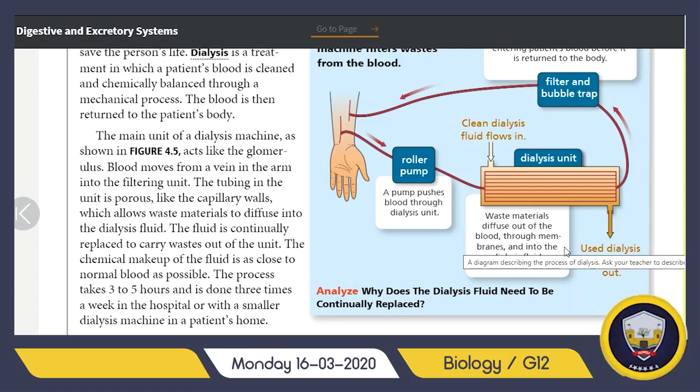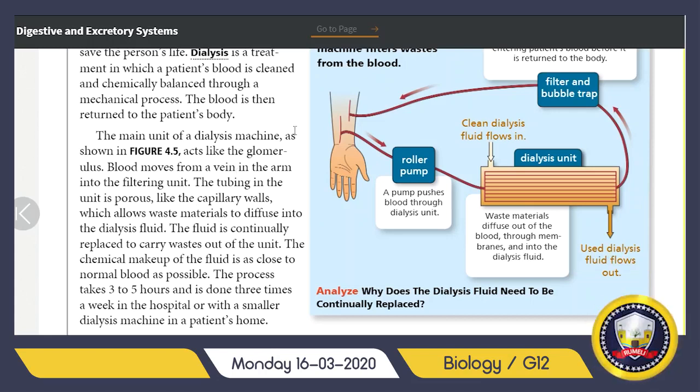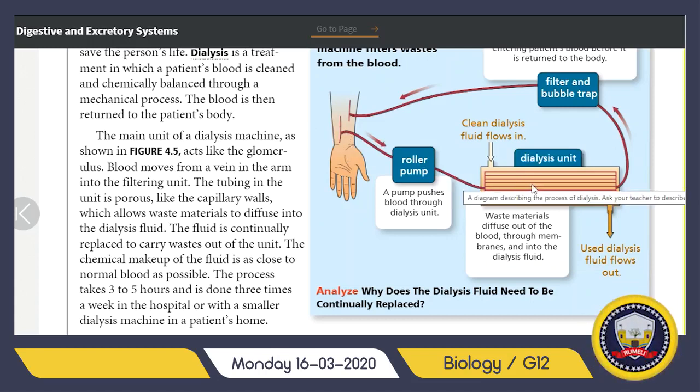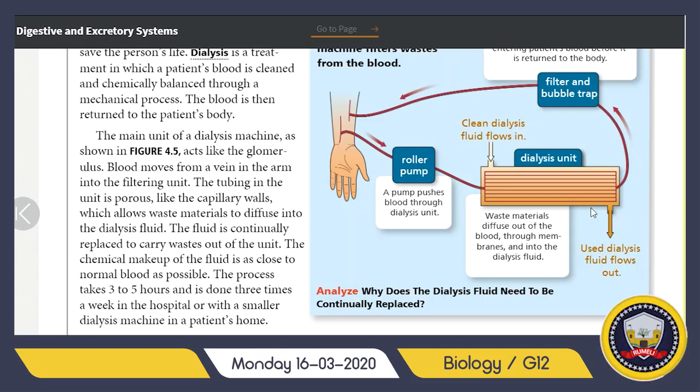Now, the procedure is as follows. The main unit of the dialysis machine acts like the glomerulus and the Bowman capsule. The blood moves from the vein in the arm into the filtering unit. The tubing in the unit is porous, like the capillary walls, which allows the waste material to diffuse out into the dialysis fluid.